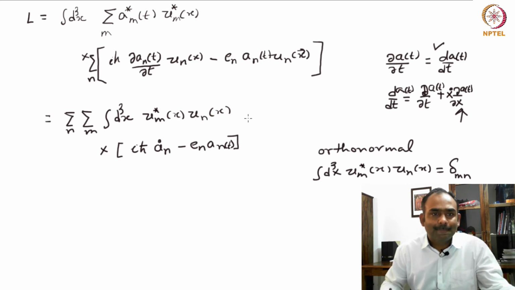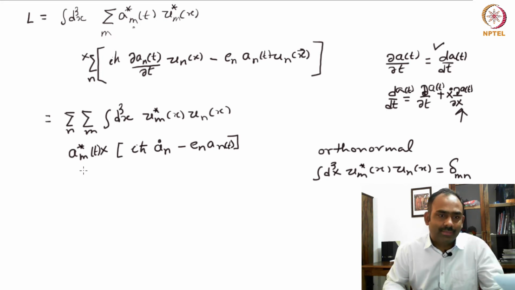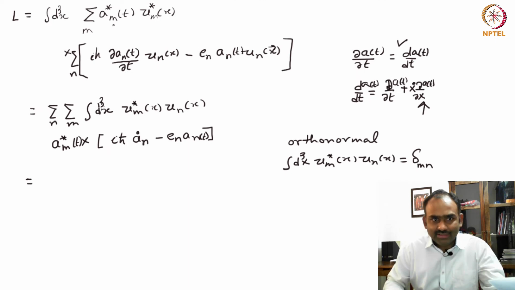Something is missing, this piece is missing. I should write here a_m star of t. So this gives you a delta_mn.